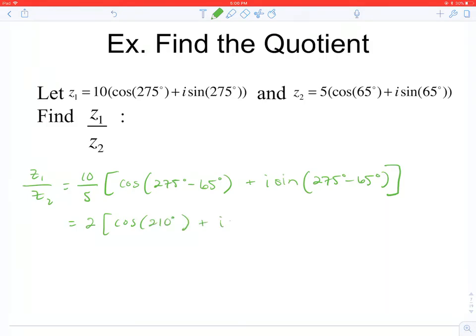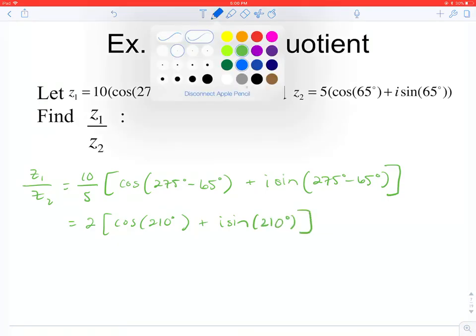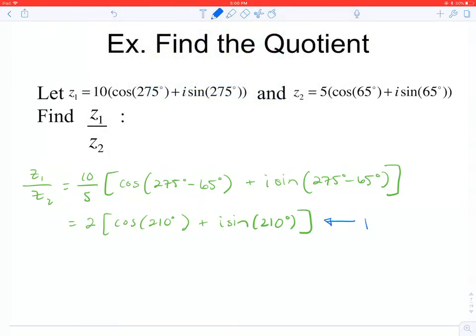Okay, so we can simplify. That'll be 2 cosine of 210 degrees plus i sine of 210 degrees. So that's the quotient in polar form.